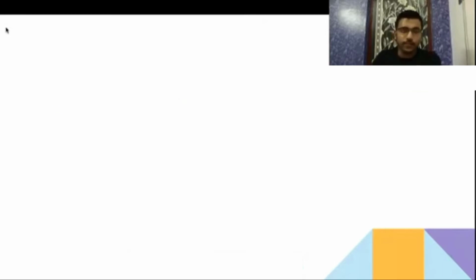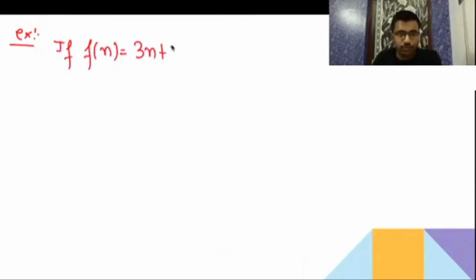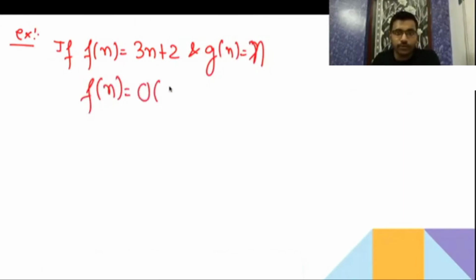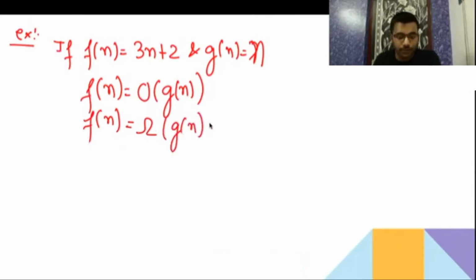Now take an example, the same example we have seen in the previous lecture. If f(n) is equal to 3n plus 2 and g(n) is equal to n, we have seen that f(n) was both big O of g(n) and also omega of g(n). How?